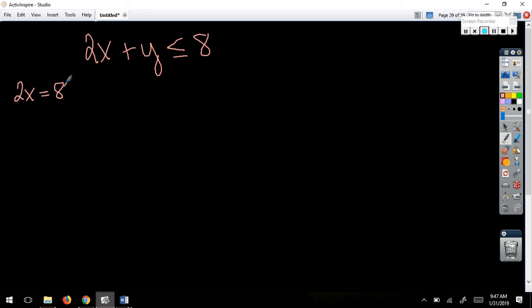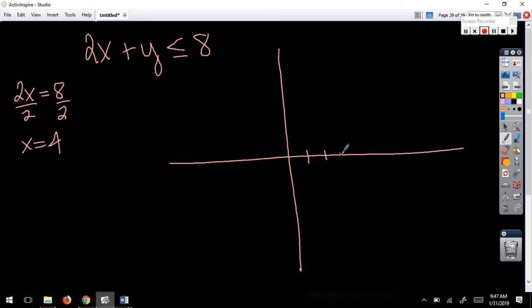So what does x equal? 4. Then y equals 8. This time it's solid because it's got this line under the less than sign.